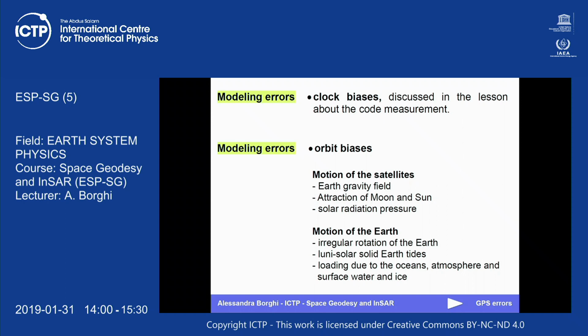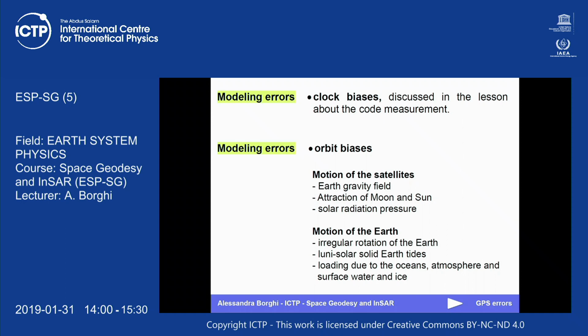Modeling error. We have seen that we are going to measure the distance between satellite and receiver. This is our measure. And in our equation, we introduce the coordinates of the satellite and the coordinates of the receiver in the geocentric reference system.